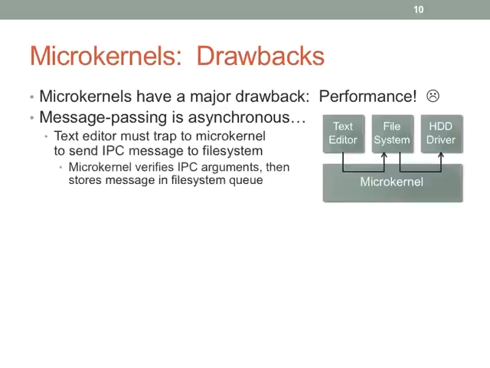And then it gets blocked, so we have a context switch away from it to something else. And so, like it says here, the microkernel stores the message in the file system queue. The file system also has to trap into the kernel to receive its message. So one message pass, two kernel traps, and one context switch at least.